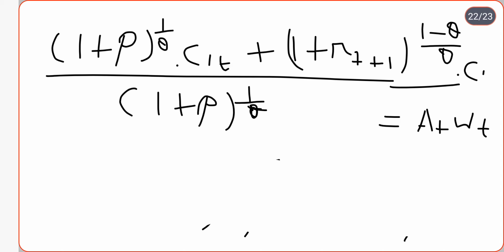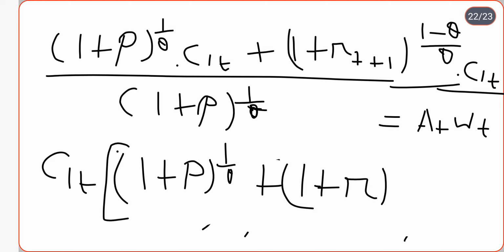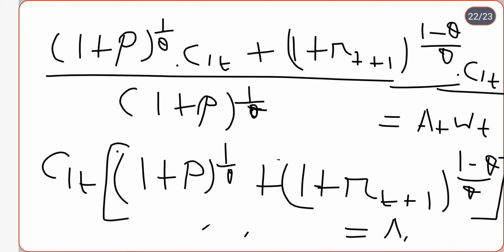Here we have c1t also, that was here. If I take c1t common out of it, then what do we have? Then we have, in a third bracket, 1 plus rho to the power 1 by theta plus 1 plus rt plus 1 to the power 1 minus theta by theta equals to 80 wt.